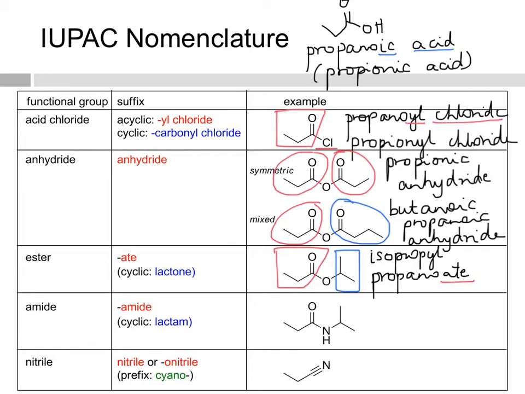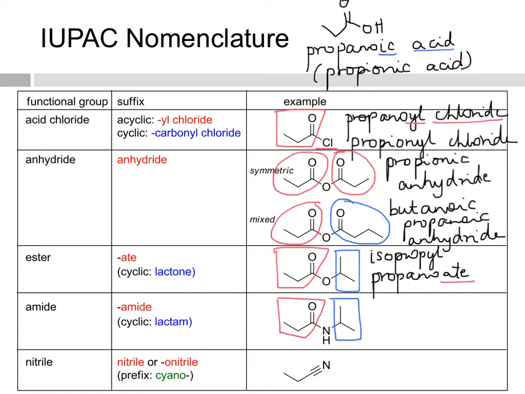When we're naming amides, we're going to follow a similar system. We're looking at the parent carboxylic acid, which again is propionic acid. We're looking at the R group, and sometimes there can be more than one R group on the nitrogen. Again, this is isopropyl.